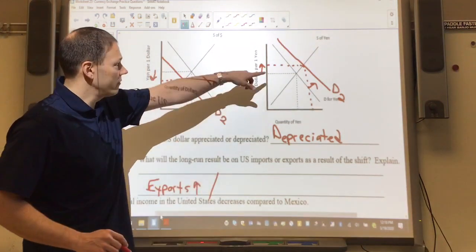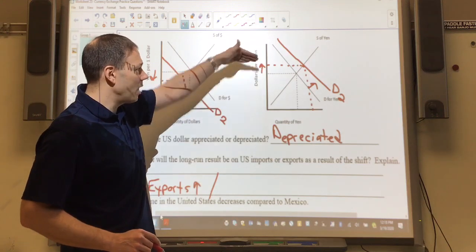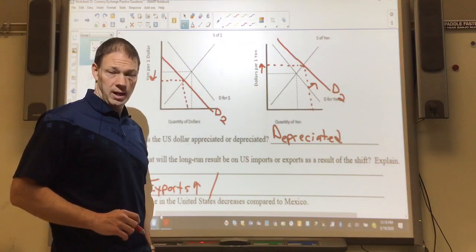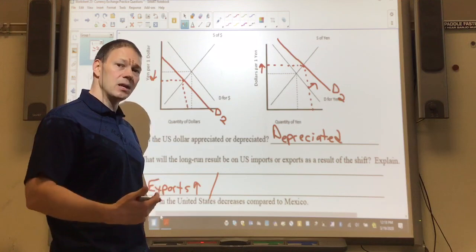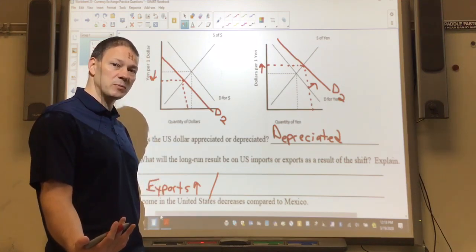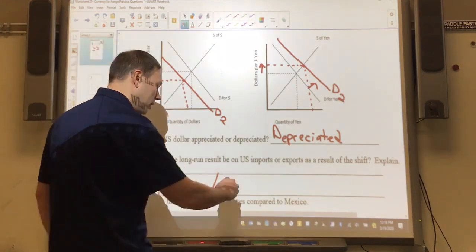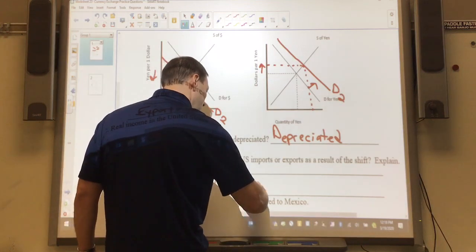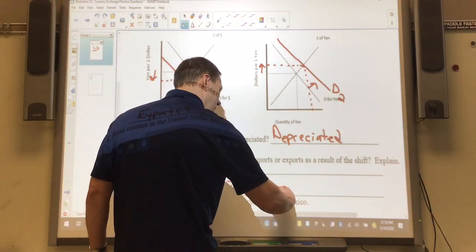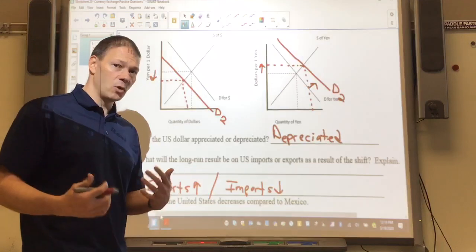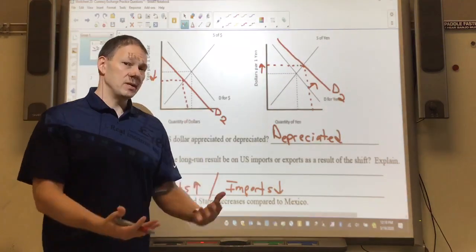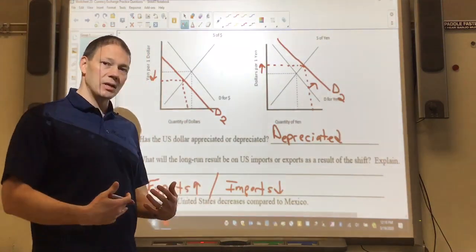And think about it from this perspective, it takes more dollars to get a yen. Okay? If it takes more dollars to get a yen, Japan's stuff is going to start to become more expensive to us. We're not going to buy as much, and so imports are going to decrease. And again, this is that balancing act that I've told you about, where we get freaked out. Oh my gosh, we're buying all these Japanese things. What's going to happen?